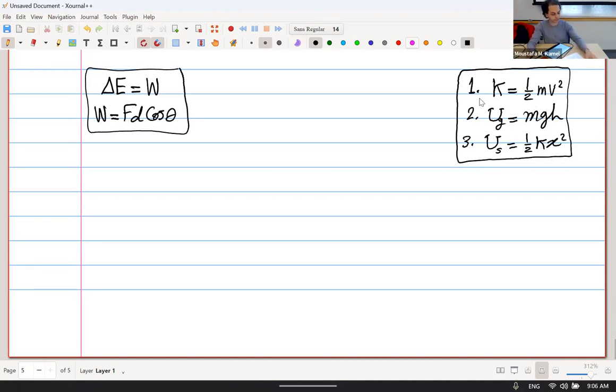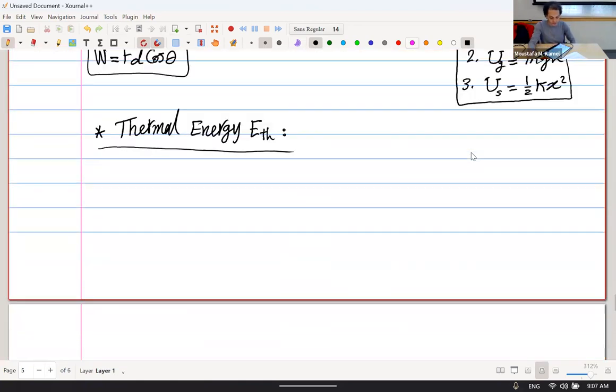Thermal energy. We briefly discussed thermal energy in the first lecture on energy. We said it's fundamentally related to the motion and jiggling around of the molecules and atoms in the material.